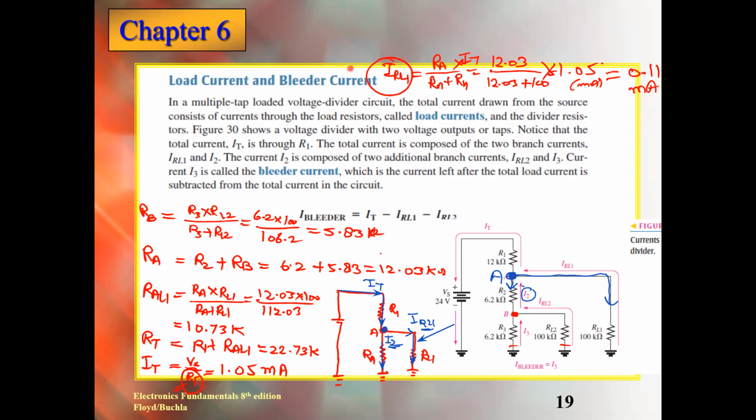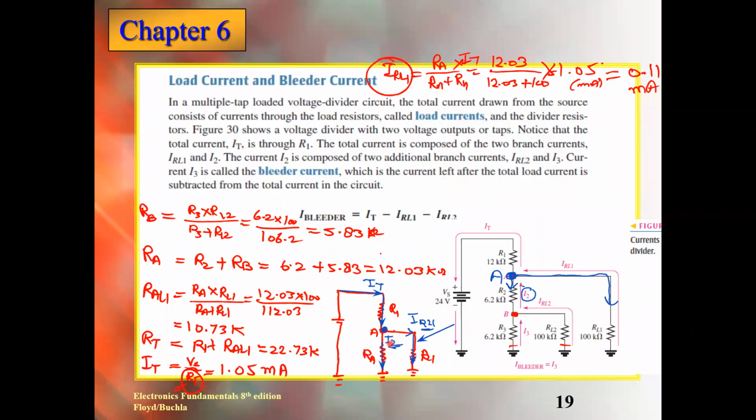Now, what we need, as I told you, we know that this current is divided here in two parts. One is here, another is here. So guys, how can I calculate I2? I know IRL1 now. I know the total current. Can I calculate I2 easily? Yes.